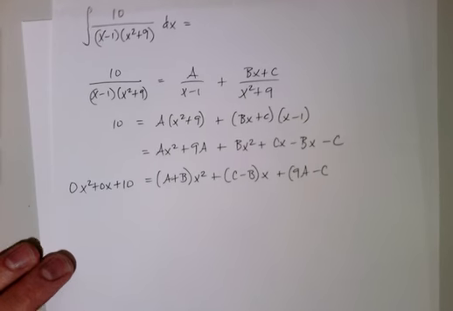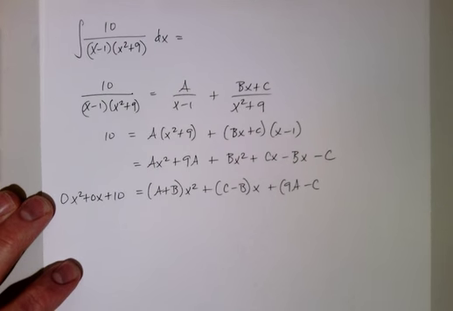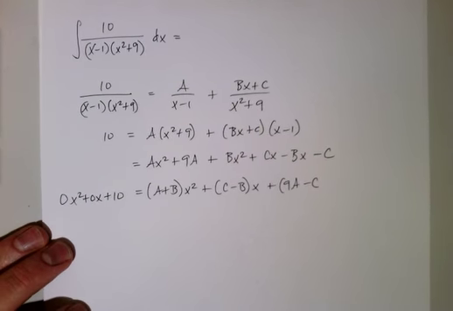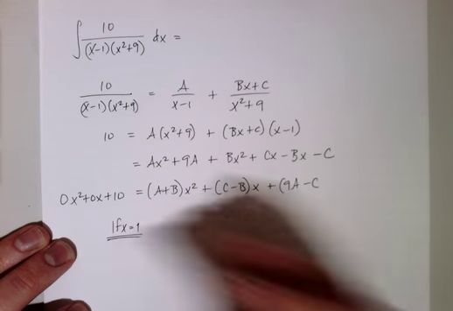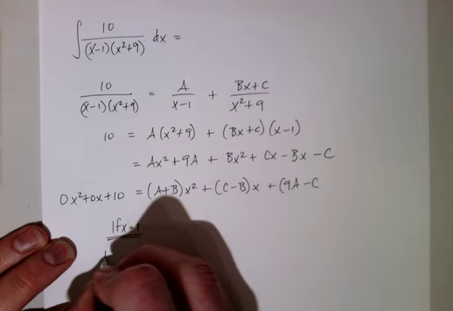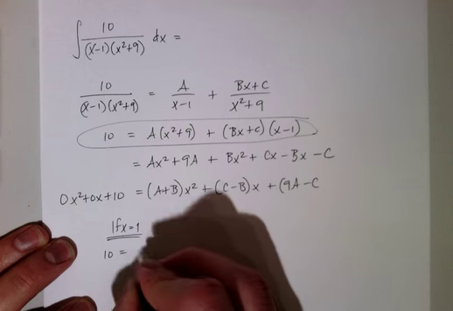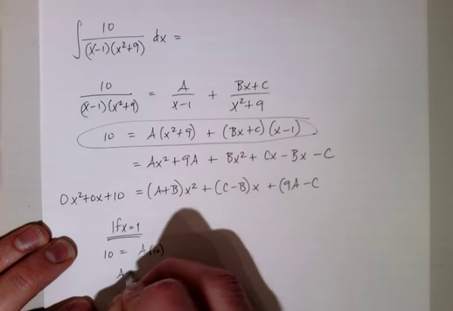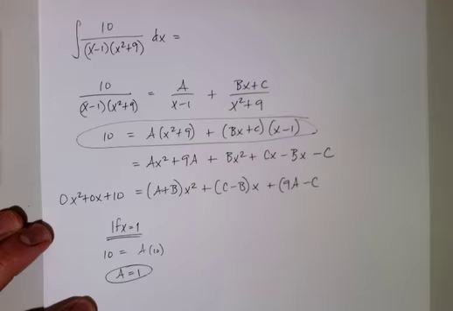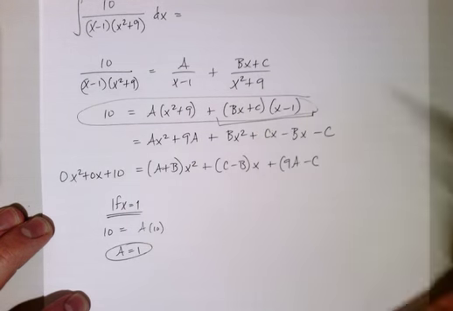Okay. Well, let's go ahead and use the Heaviside method to actually find at least one thing. Let's go ahead and plug in x is equal to 1. If x is equal to 1, then of course we're looking at this step right up here. We're going to wind up getting a times 10, or a is equal to 1, because x is equal to 1 is going to turn this whole term into 0.